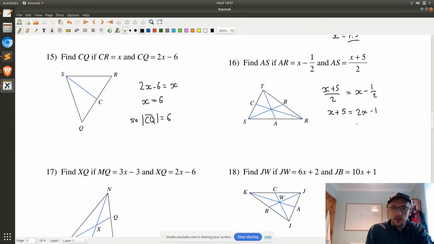And take x from both sides. So 5 is equal to x take 1. So 6 is equal to x. But we need to find the length of AS. And so put in 6. And so 6 plus 5 is 11, and 11/2, or 5.5. And we get that that's correct.